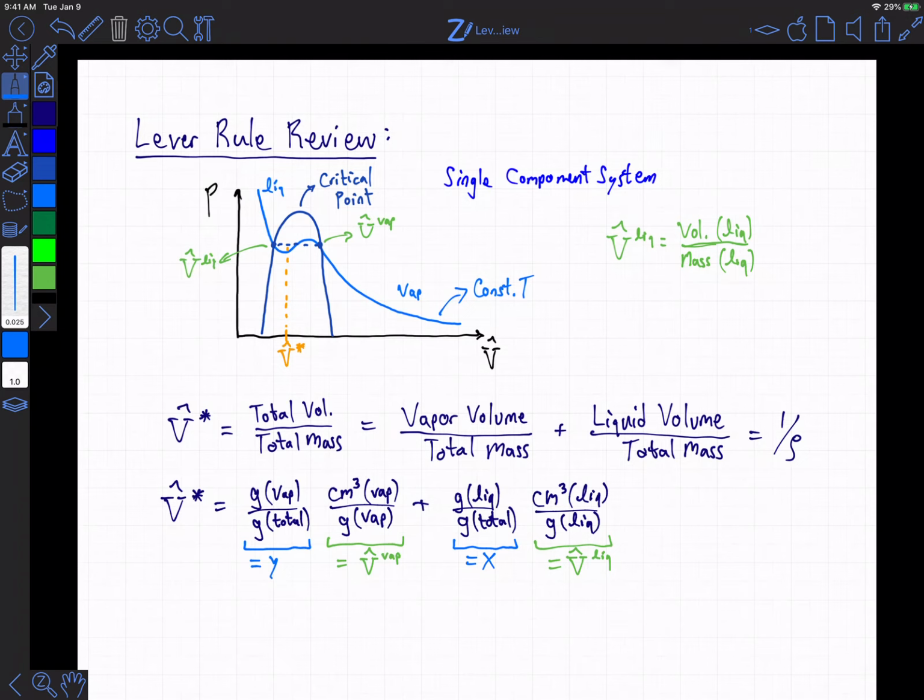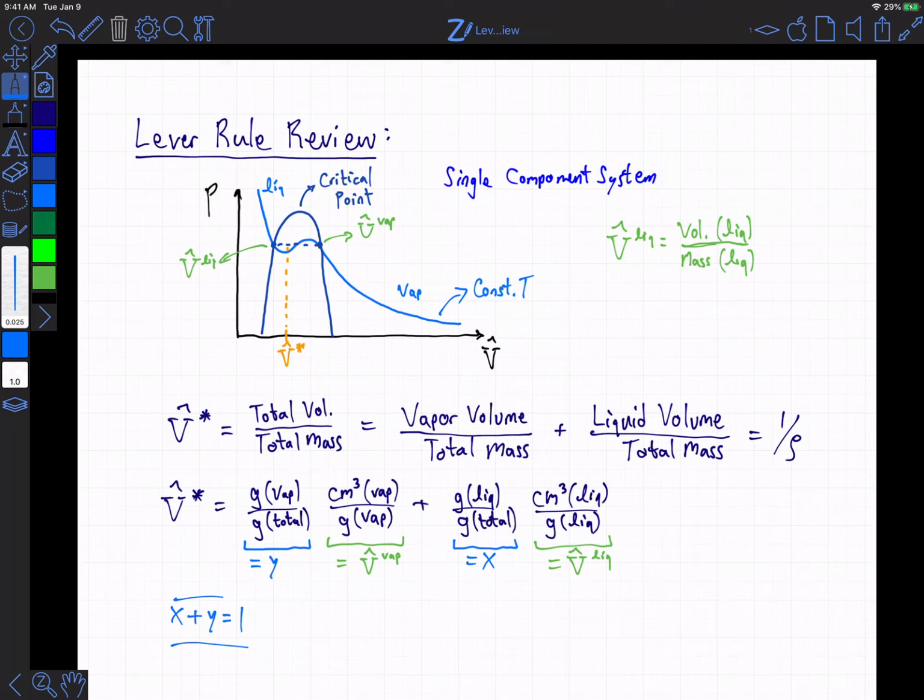At some point, we'll use x and y to talk about molar mass fractions within a system, but here this is how we're defining these variables at this point. Now we can also look at x and y, and we can realize that if we add x plus y, those have to sum up to 1. That's our straightforward mass balance for this system, or the mass of vapor plus the mass of the liquid has to equal the total mass of the system.